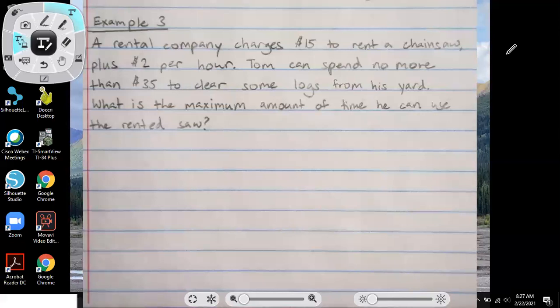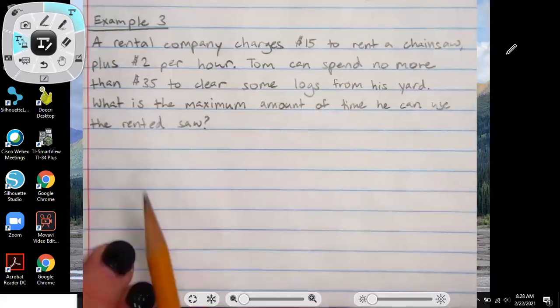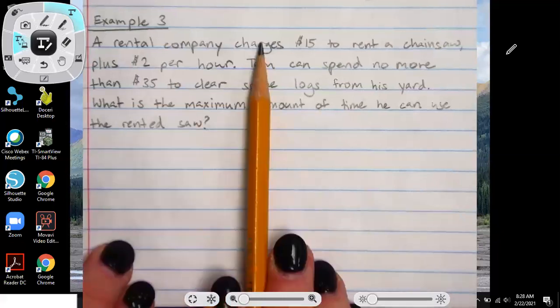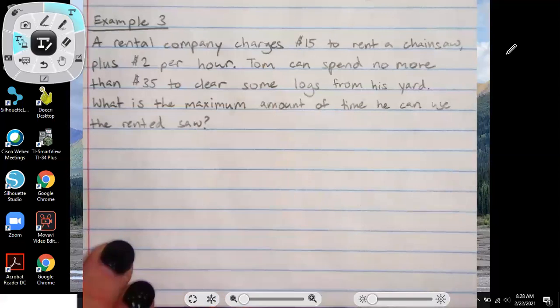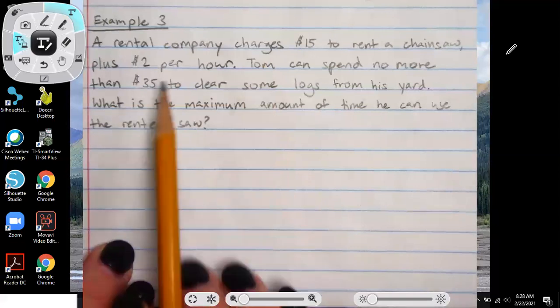Okay, let's read through this together. It says a rental company charges $15 to rent a chainsaw plus $2 per hour. Tom can spend no more than $35 to clear some logs from his yard. What is the maximum amount of time he can use the rented saw? Okay, so it says the rental company charges $15 no matter what, plus $2 per hour.